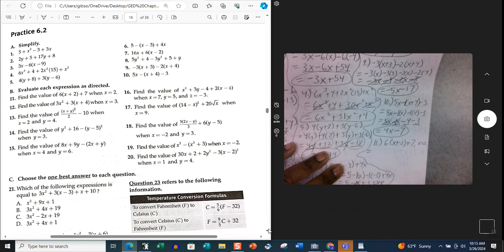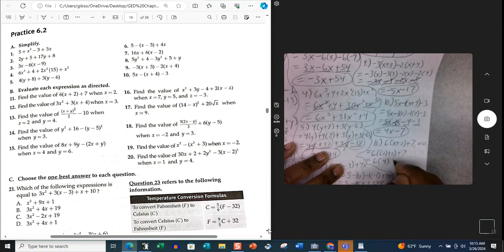And the reason why I would want you all to start putting in a parenthesis is because when you start dealing with negative numbers, a lot of times the parenthesis will make sure that you do the problem correctly. So we have 6, and then this x will be replaced by 2 in parenthesis, plus 2, plus 7. So you have 6, and in parenthesis, this is 2 plus 2, which is 4, plus 7. 6 times 4 is 24, plus 7, which is 31. Now, as you see, we substituted and solved.